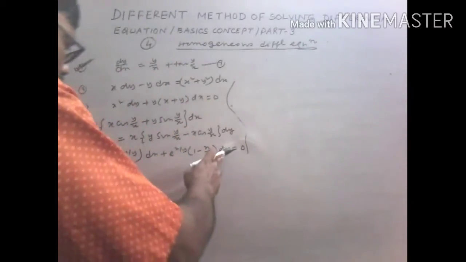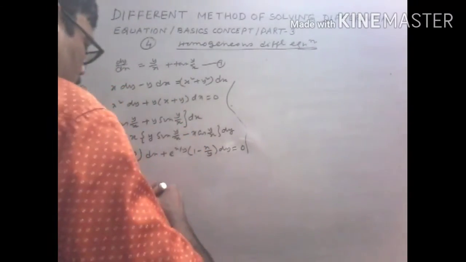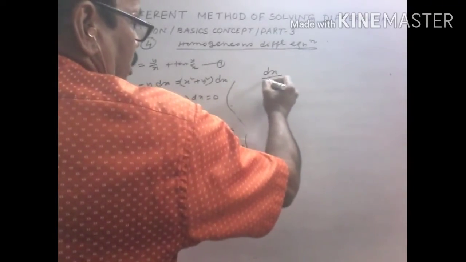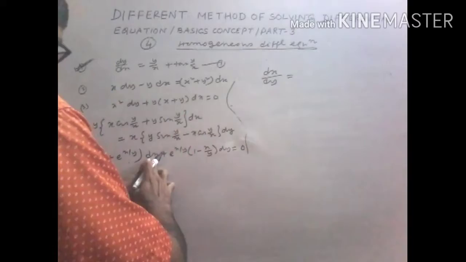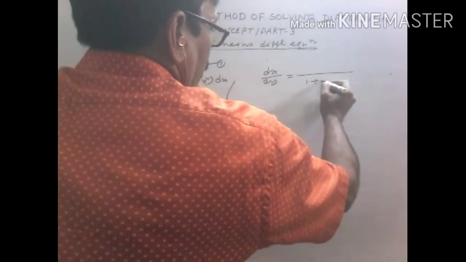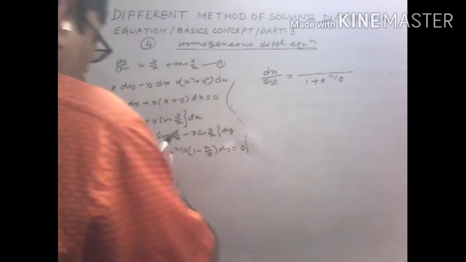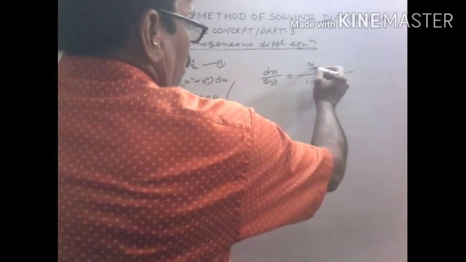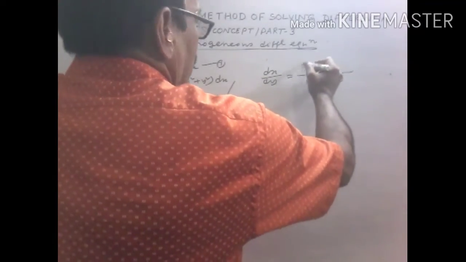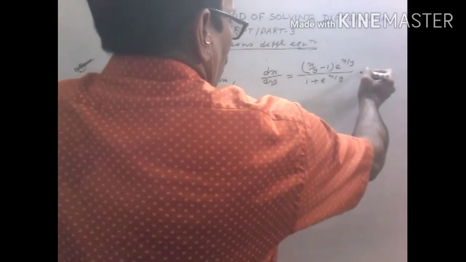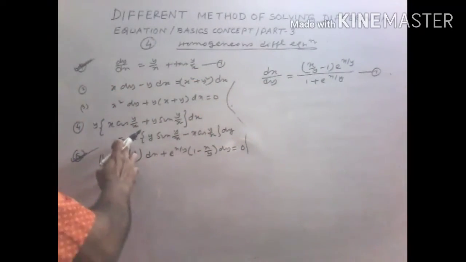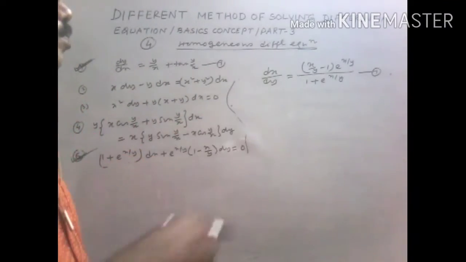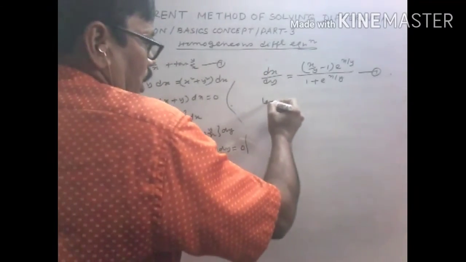So if it is a function of x/y, we calculate dx/dy. So dx/dy equals (1 + e^(x/y)) on the right hand side, and (x/y − 1)·e^(x/y). So it is a function of x/y. So we put it in the form of dx/dy.